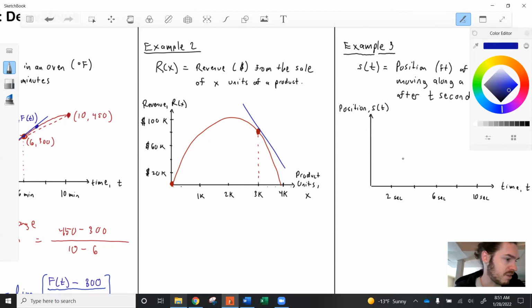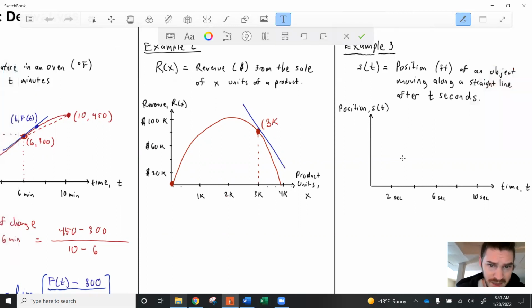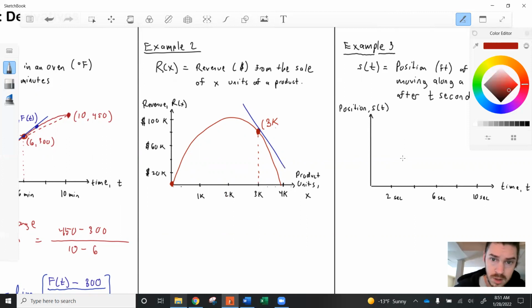So in that case, again, we could take an average rate of change. Hang on, let's label this point here. This is 3,000, and then that looks to be about $80,000, right? 3,000, 80,000.